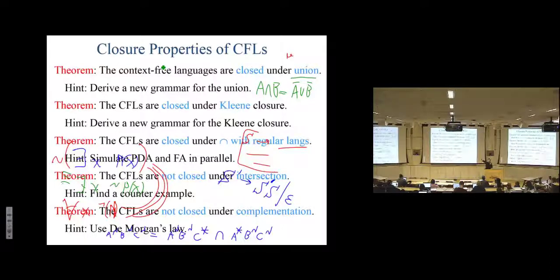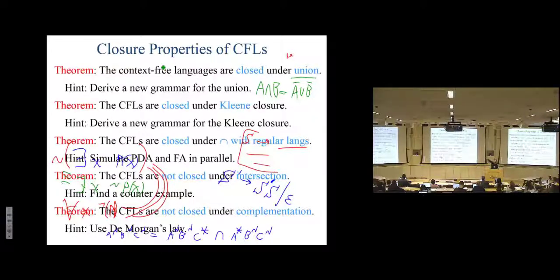But suppose it was closed under complement as well as union. If the complement preserved context freeness, we already know that the union does from the first theorem. So if context freeness was closed under complement, then A bar, the complement of A, would be context free. The complement of B will be context free because we're presuming towards contradiction that it's closed under complementation.